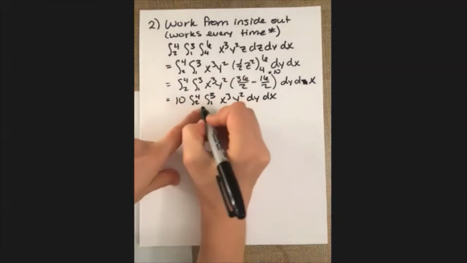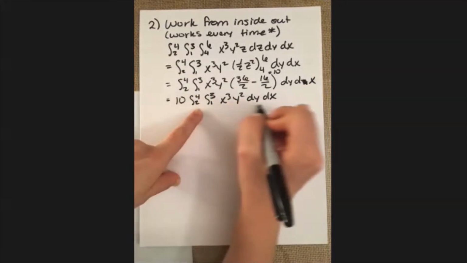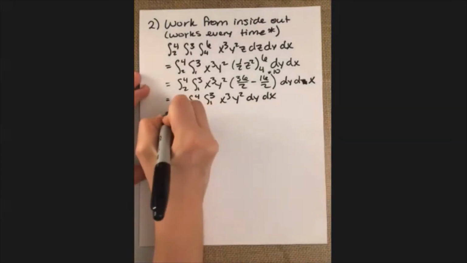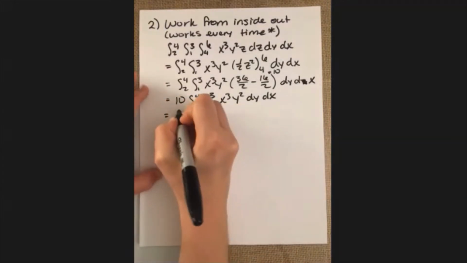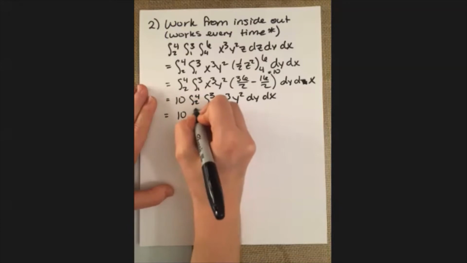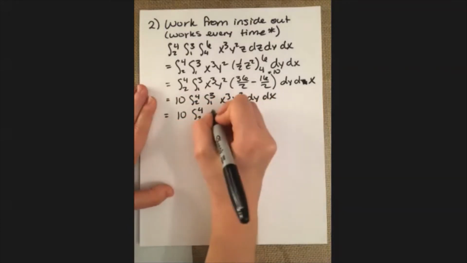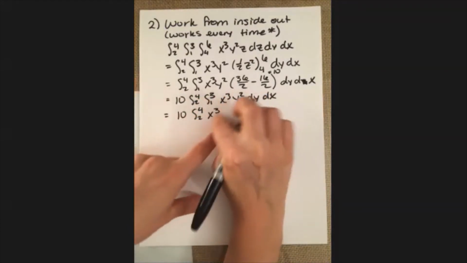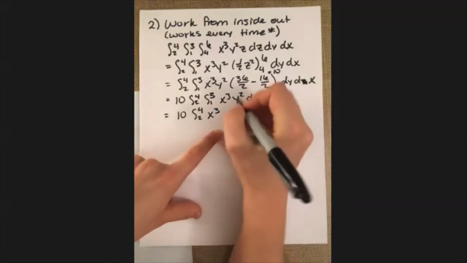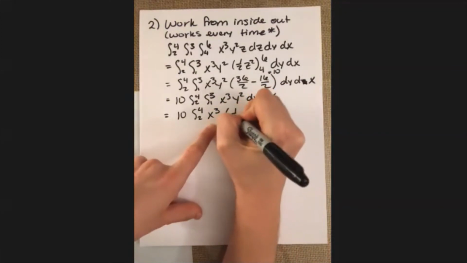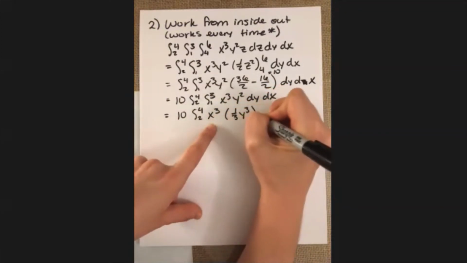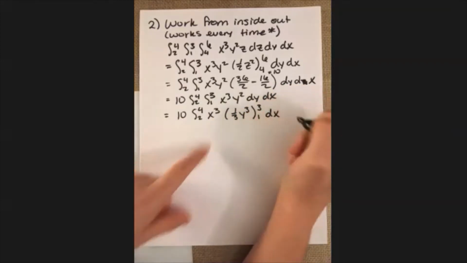We're going to integrate the inside here with respect to y. So I've got 10 times the integral from 2 to 4. x cubed gets treated as a constant because we're only looking at the y. And now we have 1/3 y cubed evaluated from 1 to 3 dx.